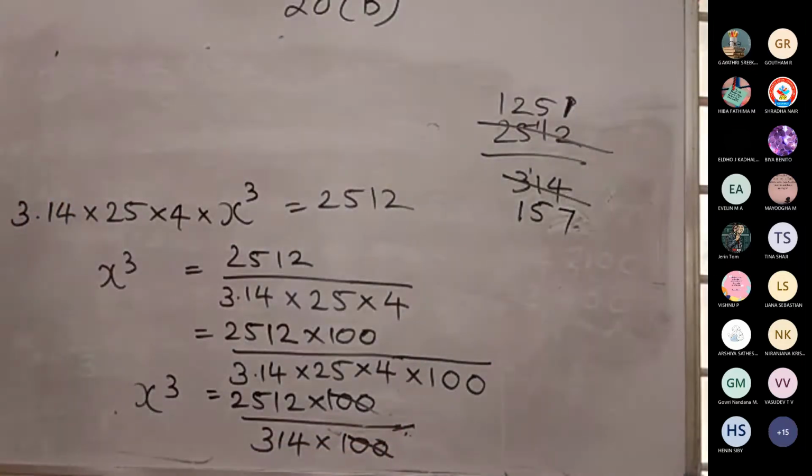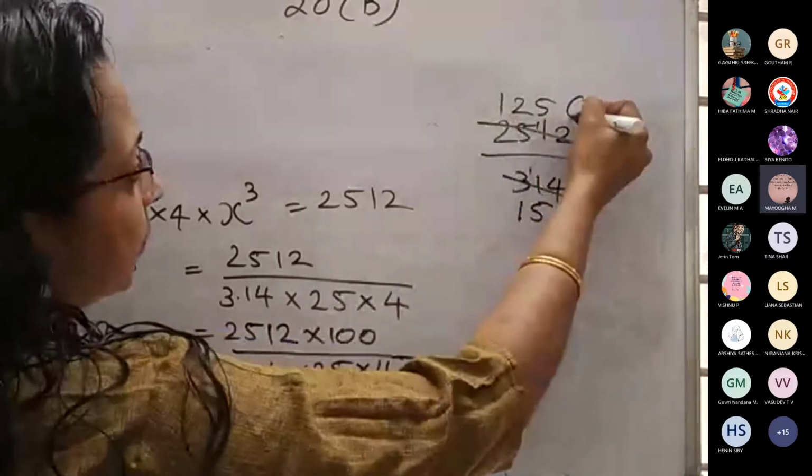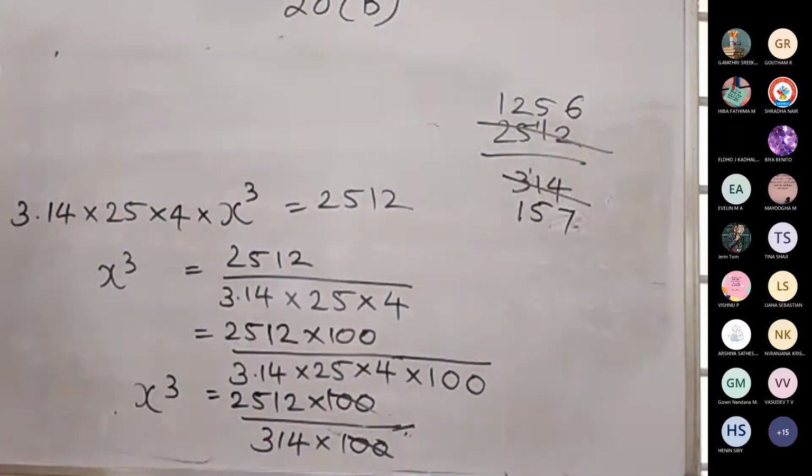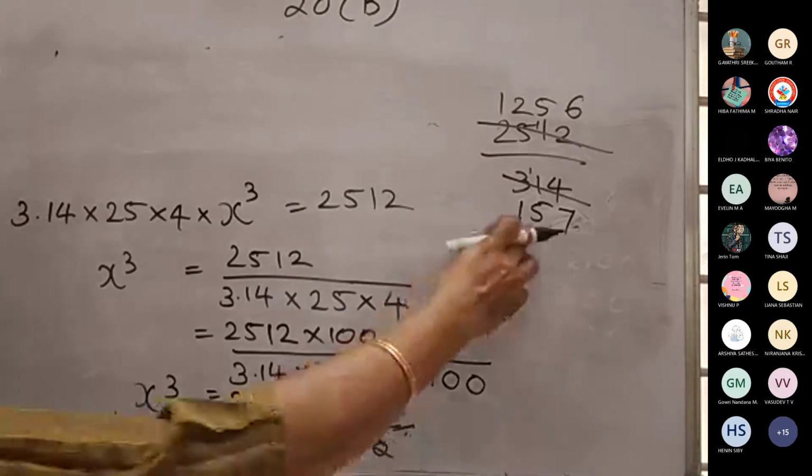Numerator, is it 1251? Ma'am, 2512 cancellation, it will come 1256. 1256. Okay. Then which one will be possible?